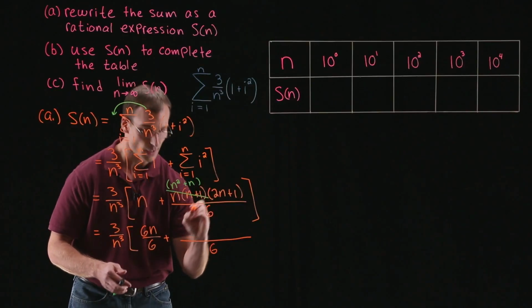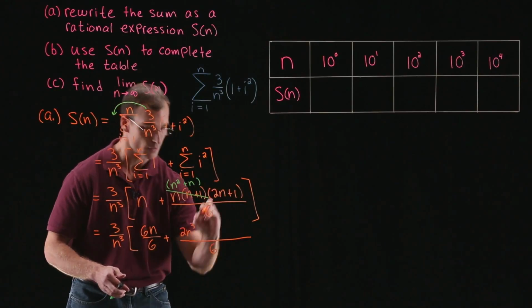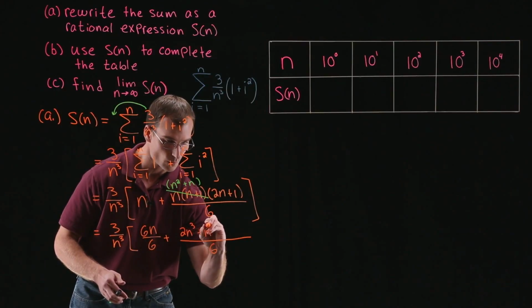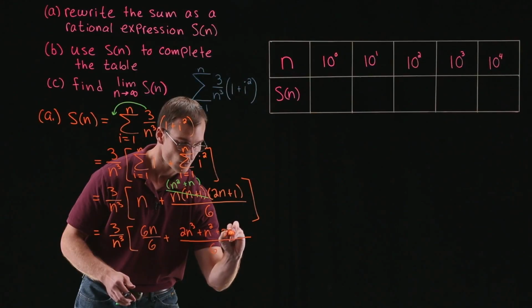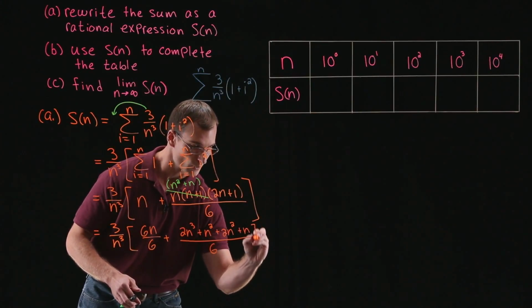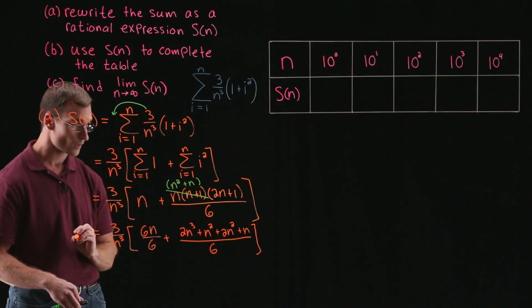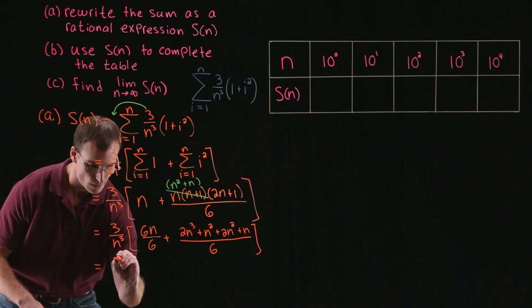And so n squared times 2n, we get 2n cubed, n squared times 1, so plus n squared, n times 2n, plus 2n squared, and n times 1, plus n. Now over a common denominator, we can add the inside.